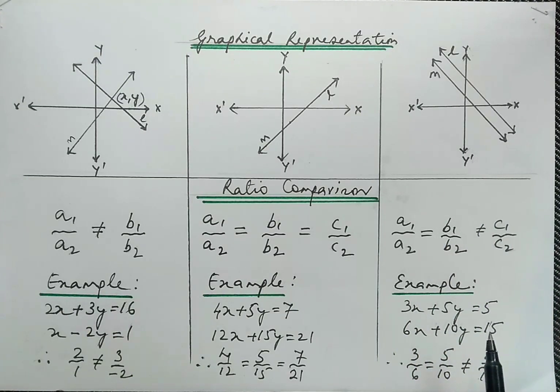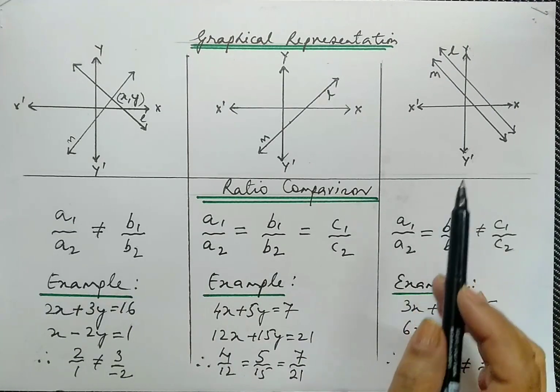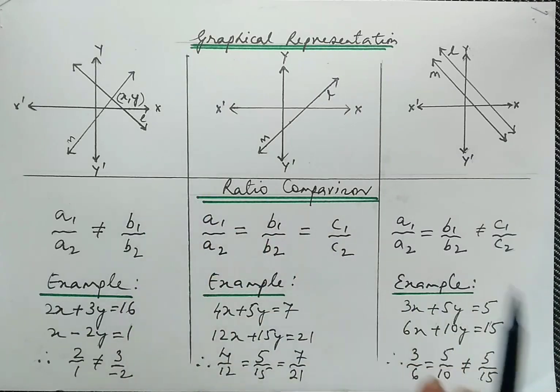Okay, so based on this entire thing, you will be asked so many questions. Supposing they give you a pair of linear equations, whatever they may be, and they ask you, what do they represent? Do they represent coincident lines? Parallel lines? Intersecting lines, or none of them?